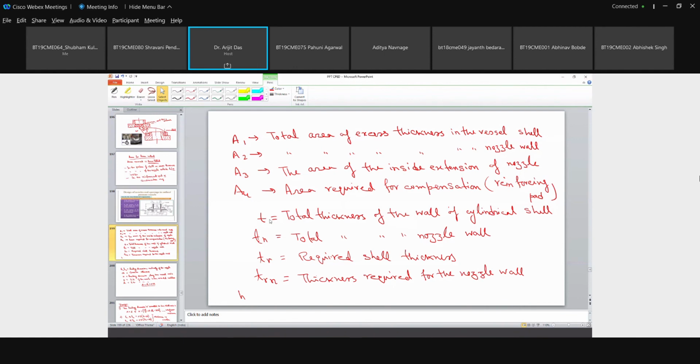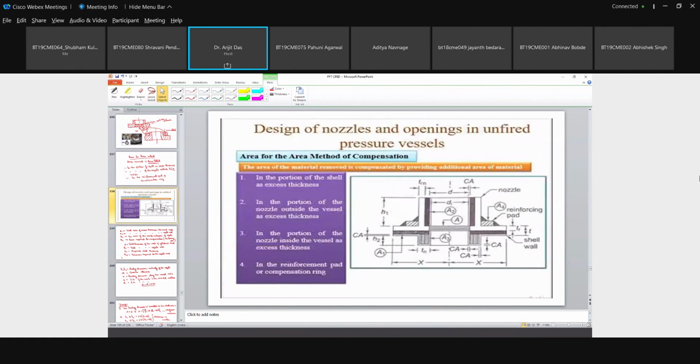And now write down the T, Tn, Tr, Trn. Total thickness of the wall of cylindrical cell, that is the T. Tn is the total thickness of the nozzle wall. What is Tn? This is at the bottom.